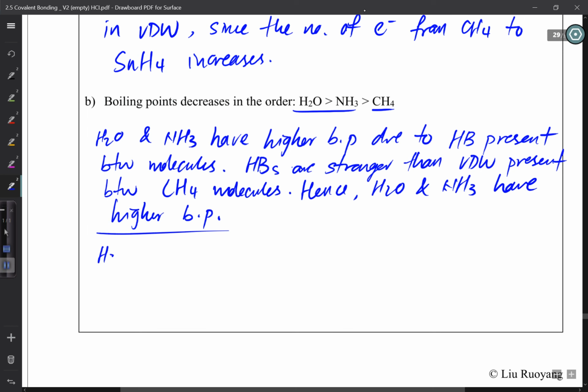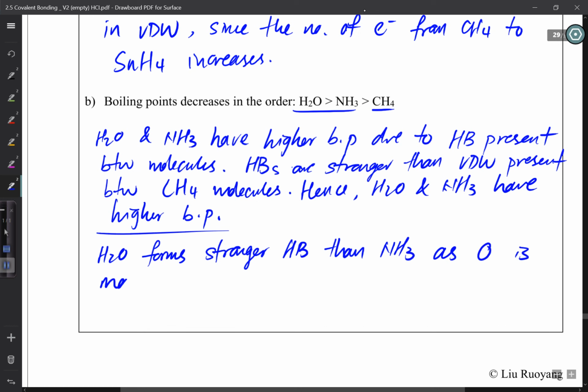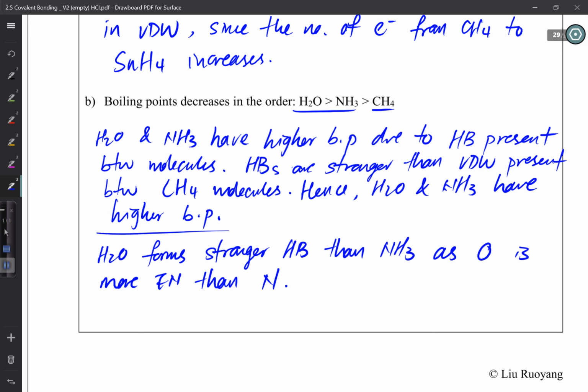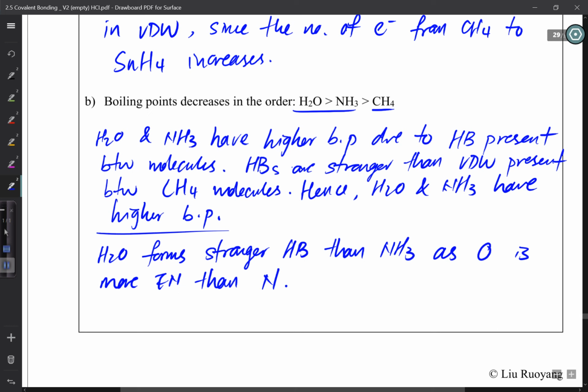So we say that H2O forms stronger hydrogen bonds than ammonia, as oxygen is more electronegative than nitrogen.